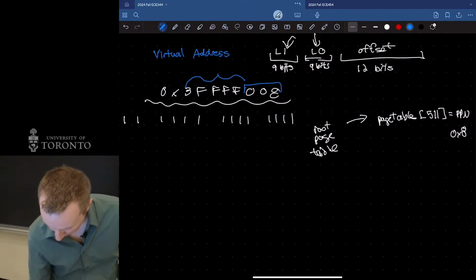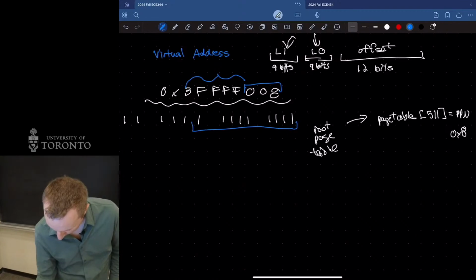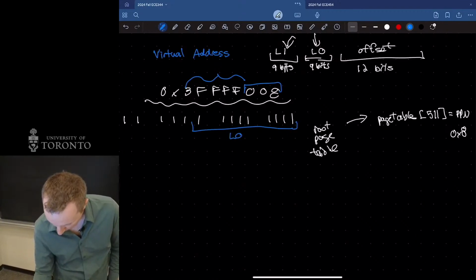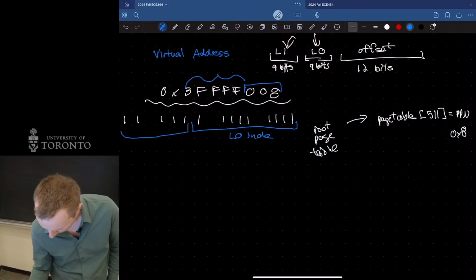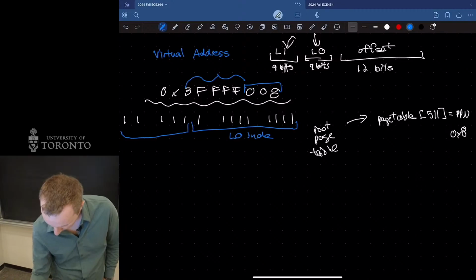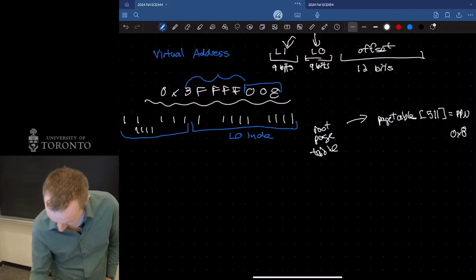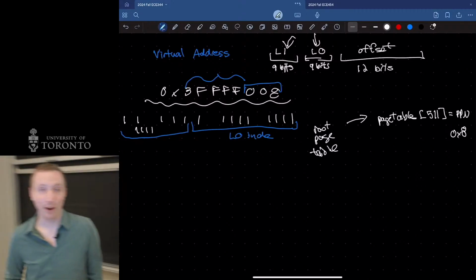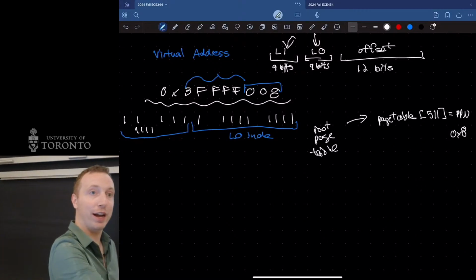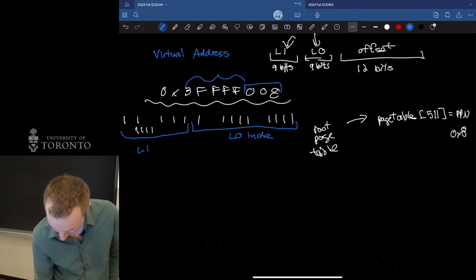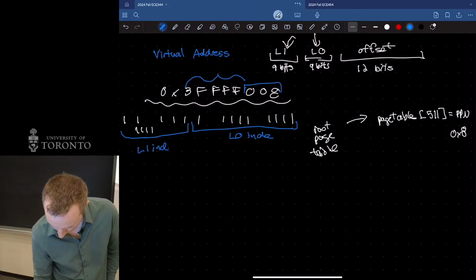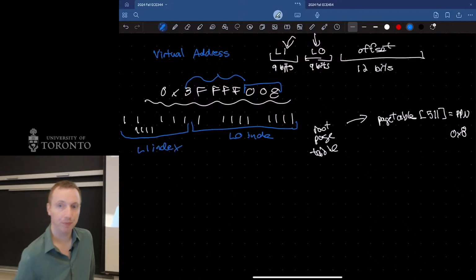So now we group in 9. This tells me my L0 index. And then the rest of them, I think I missed an F. So this is the other 9 bits, right? They're all 1 as well, and they tell me my L1 index.